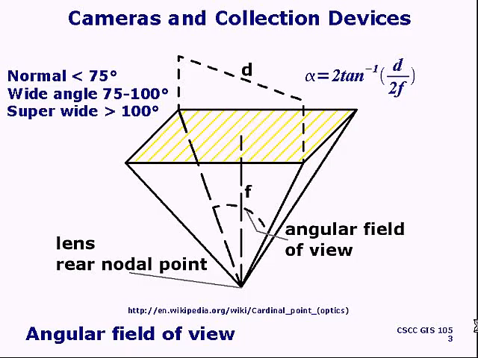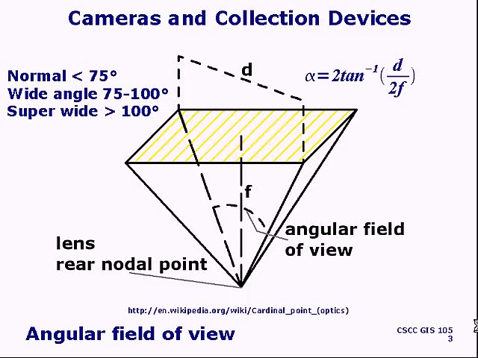But what we've got here is the inside of a camera, broken down to the most basic units. That yellow shaded area is the film itself, or where the image is being collected. So that is the photograph.